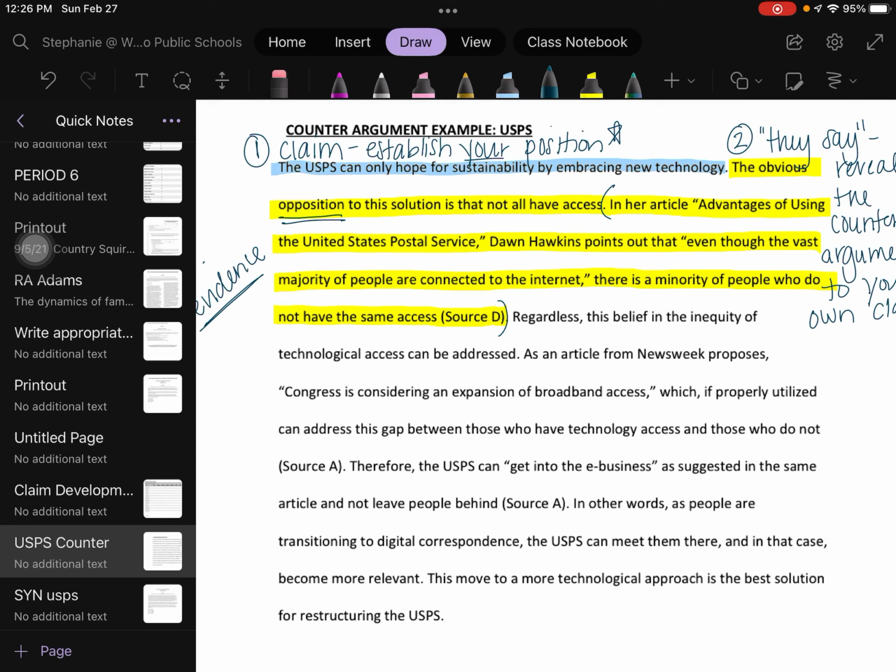So it might not be as specific as the evidence is here, and in fact, it might just be a summary of what the opposition says instead of going into specific arguments. The reason for that is because sometimes if we give too much evidence in the they say, it can actually work against us if our evidence in the rest of the body paragraph isn't as successful, isn't as credible, isn't as relevant, whatever it may be.